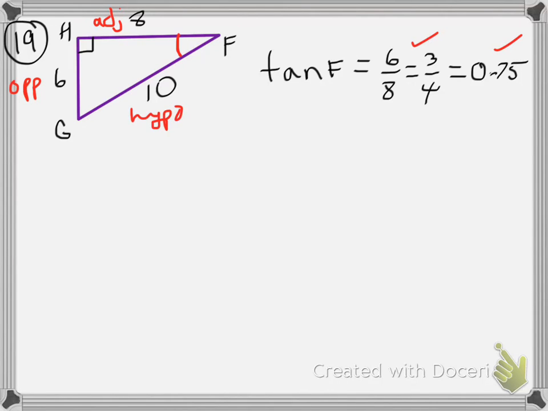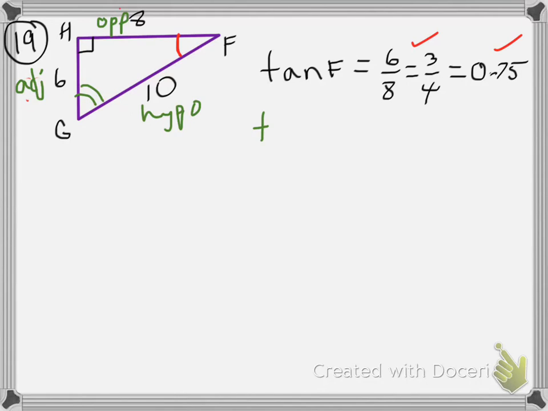Okay. Now, I'm going to erase some stuff here. That's if you're doing angle F. But what if you're doing angle G? Okay, let's change this to green. So what if I'm doing angle G? Well, then this is opposite, this is adjacent, and this is hypotenuse.